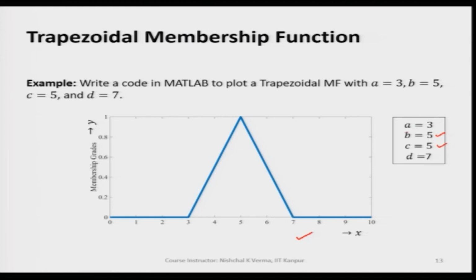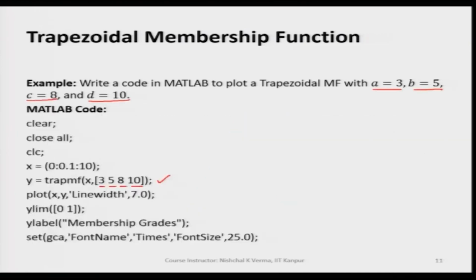With b at 5 and c also at 5, we are generating a triangular membership function instead of a trapezoidal one. So, by using this MATLAB program, we can generate different kinds of trapezoidal membership functions by changing vertices suitably.